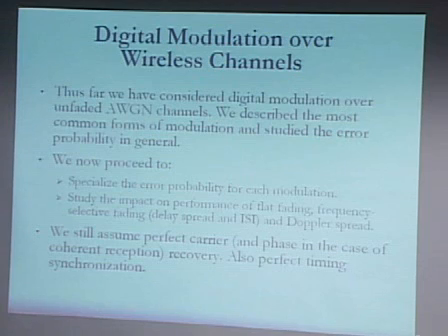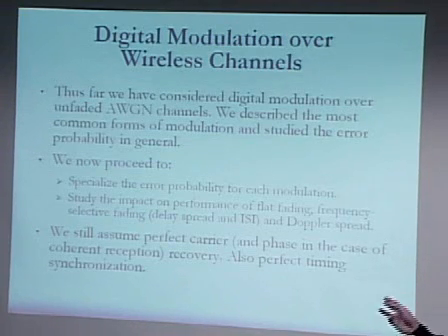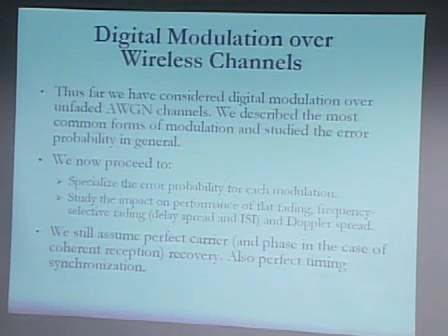And we'll study the impact on the performance of flat fading, frequency selective fading, which means delay spread, remember, and then ISI won't be avoidable, and also of Doppler spread. For the remainder of this chapter, we're still going to assume perfect carrier synchronization, perfect timing recovery, and in the case of coherent modulation, also perfect coherent reception. So perfect phase alignment between transmitter and receiver.